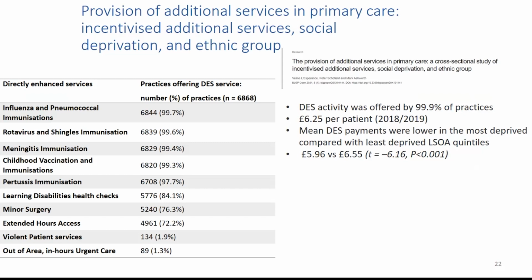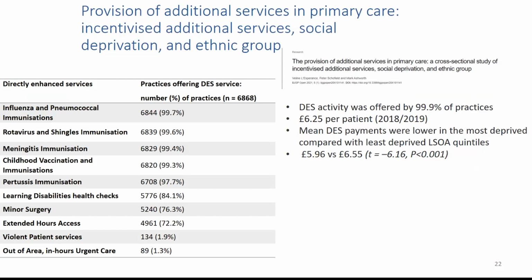So these DES are defined in terms of activity level and measured as the total DES funding per patient. On the left are the different directed enhanced services: influenza and pneumococcal vaccinations, shingles vaccination, meningitis, childhood vaccination, pertussis, learning disability health checks, minor surgery, extended hours, violent patients, yes, there are practices that do that, and out of area care as well.